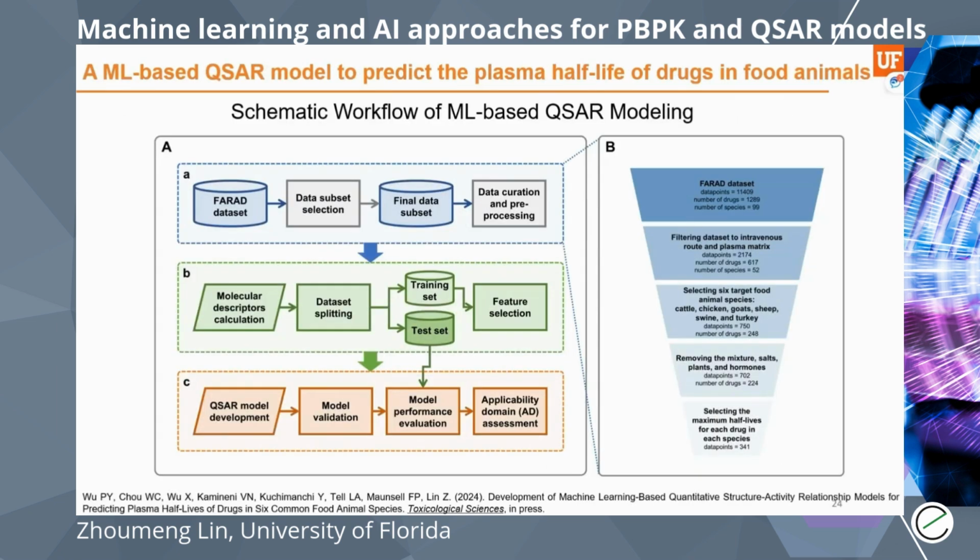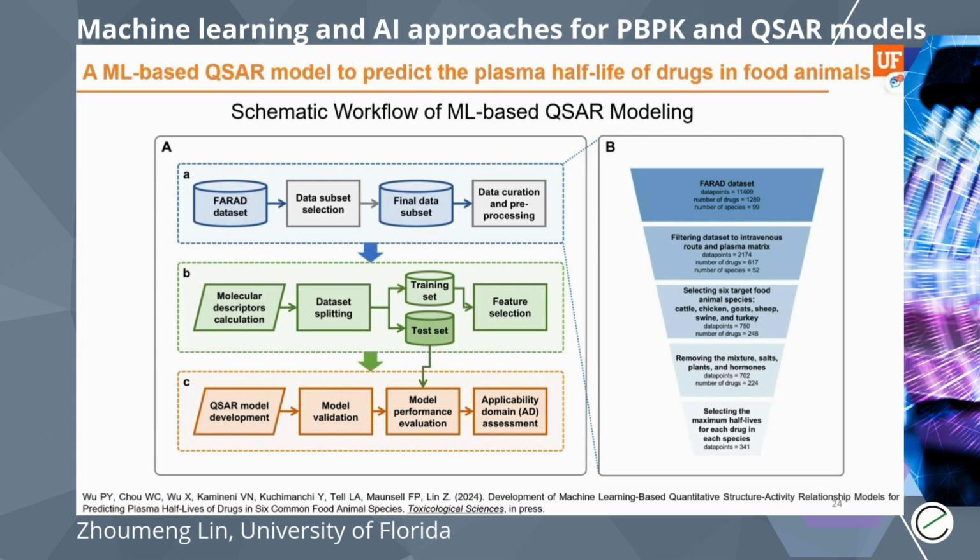As a starting point, our first project was to build a model to predict the plasma half-life of drugs after intravenous injection. In our database, we have more than 11,000 plasma half-life data points from the Federal database.